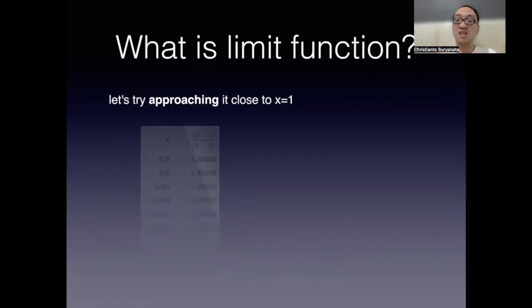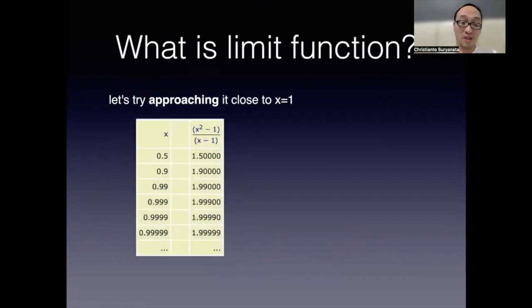So let's try some values. From 0.5, we put it into f(x) and we have 1.5. If I move closer to 1, I try 0.9 and I have 1.9. I move closer again, 0.99, and it leads us to 1.99.